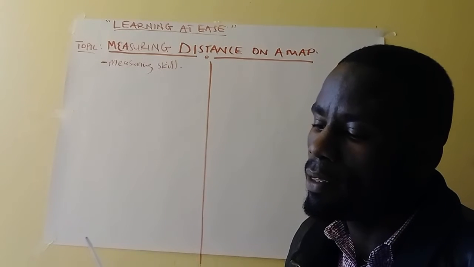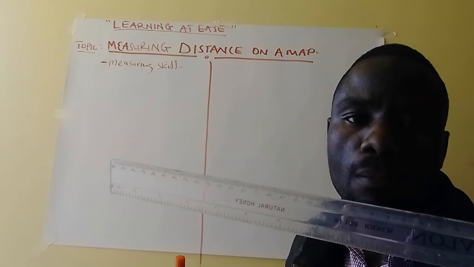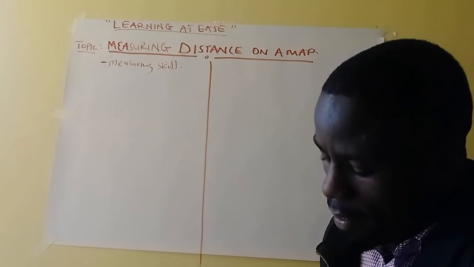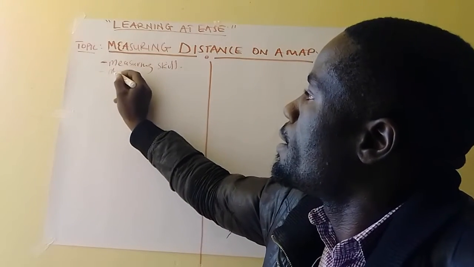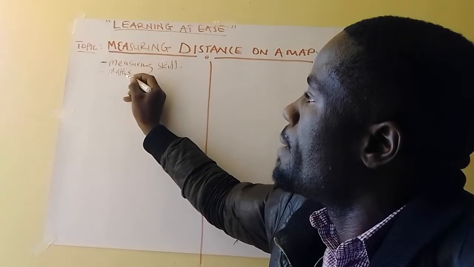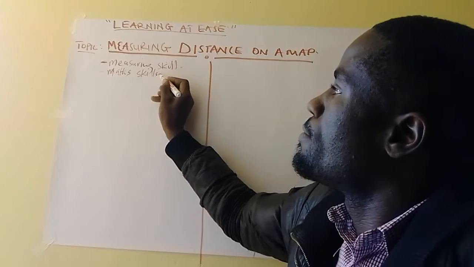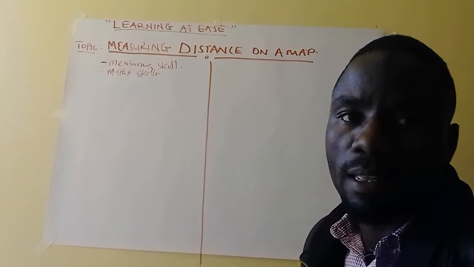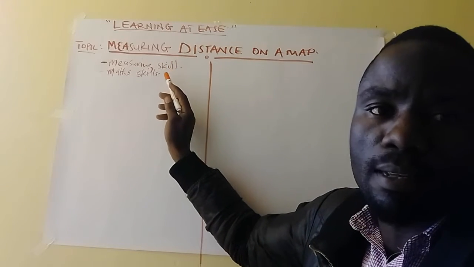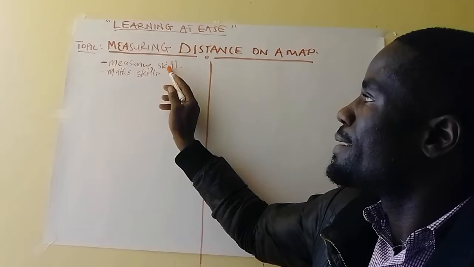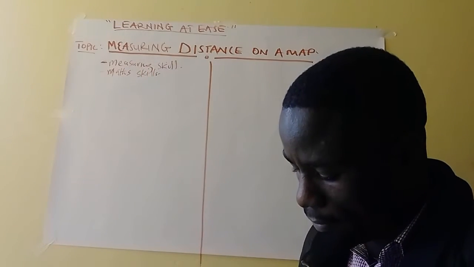Can you read the units which are on the ruler? That is one. Two, the examiner is interested in finding out the math skills in a learner. After getting the map distance, because we are not interested in the map distance, we are interested in the actual ground distance, can you convert the measurements you have got here and get the distance?